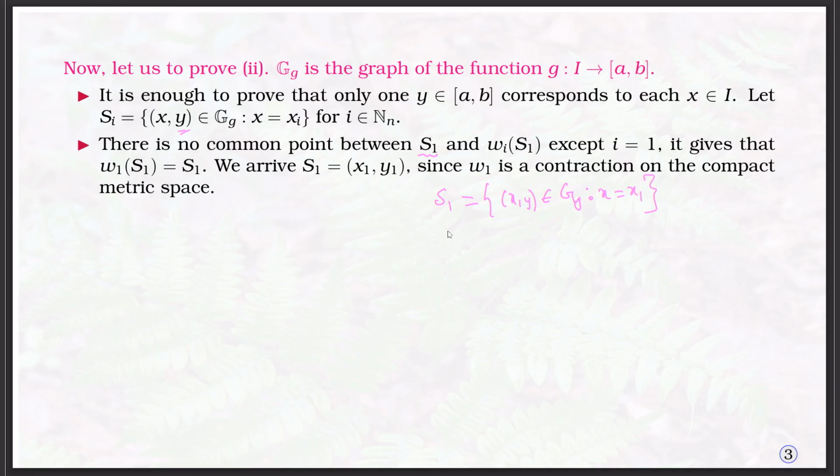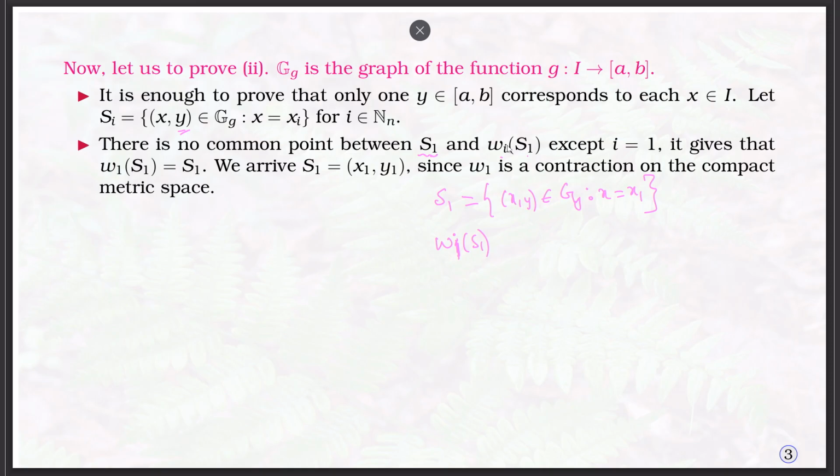And what is W_i of S1? If you are taking i equal to 1, this has the common points, because this W_i is a contraction mapping, it will contract the S1. Therefore, there is no common point between S1 and W_i of S1 except i equals 1.